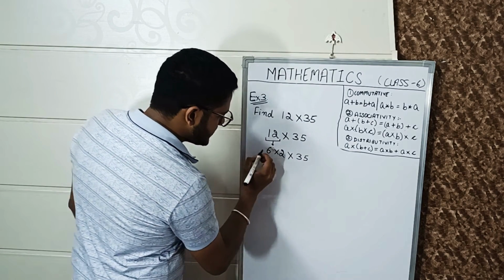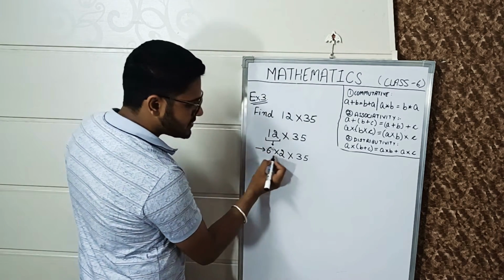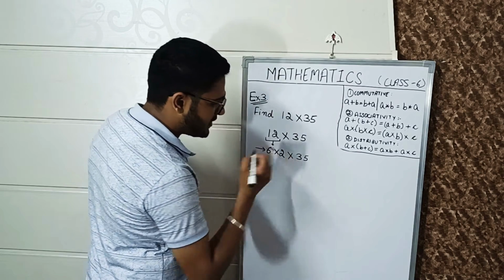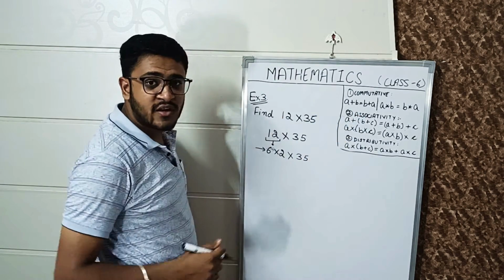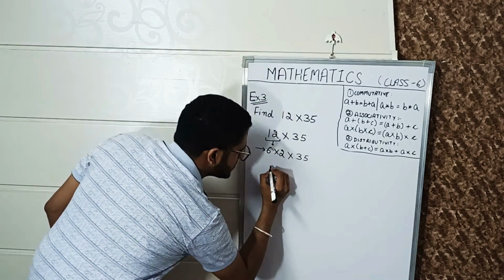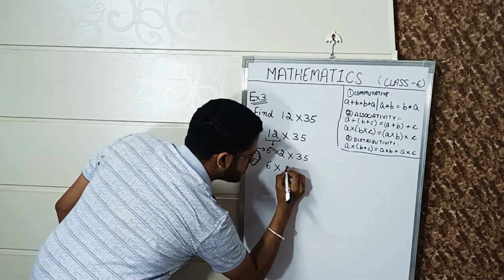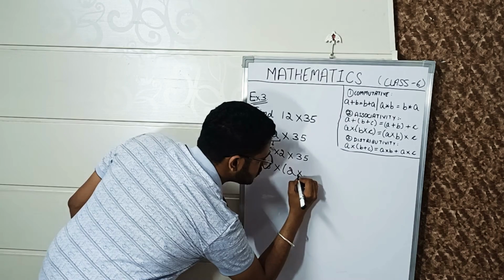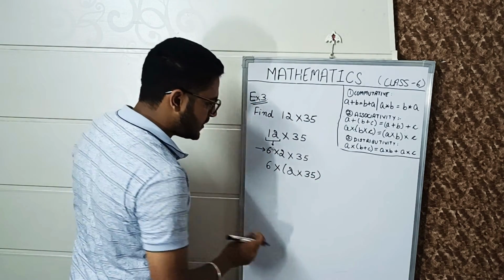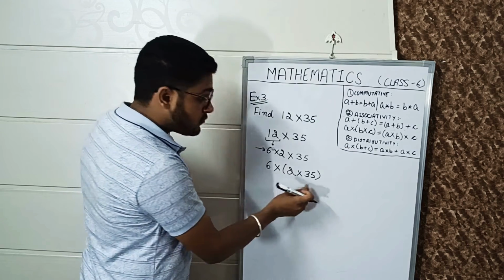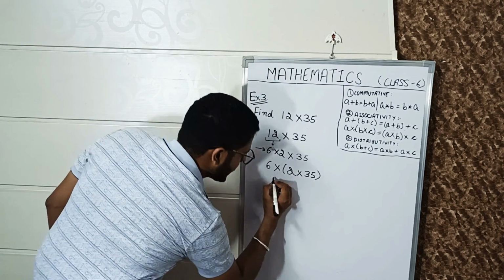Now what we have is 6 multiplied by 2 multiplied by 35. Now let's apply the associative property of whole numbers. 6 into, let's associate these two values, 2 into 35, right? Now what we'll do is, we'll solve this bracket first.